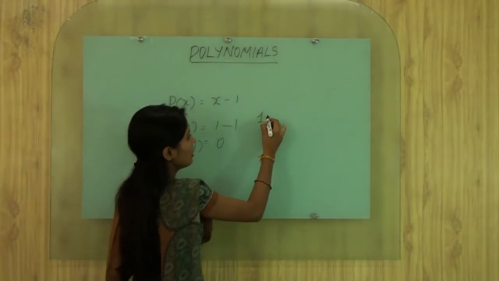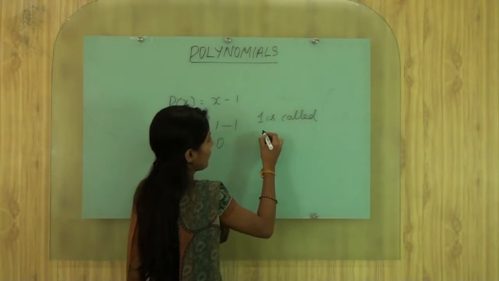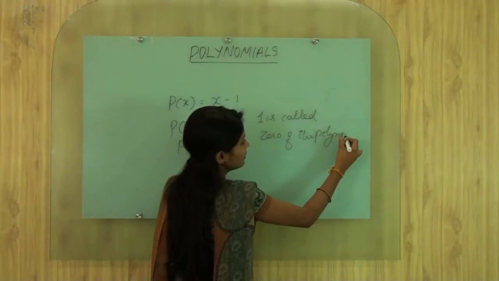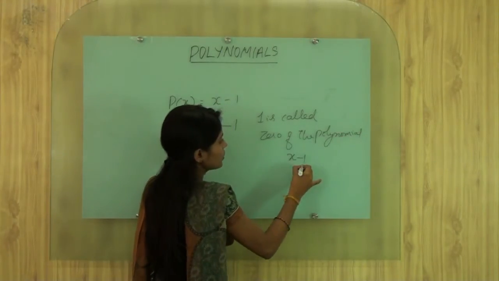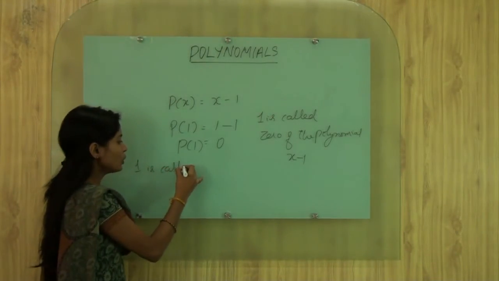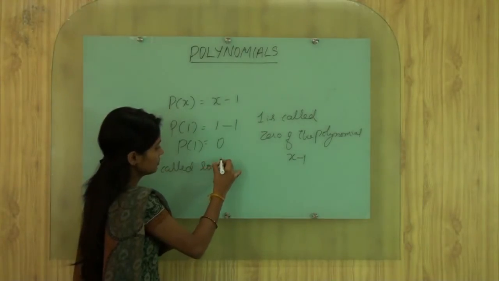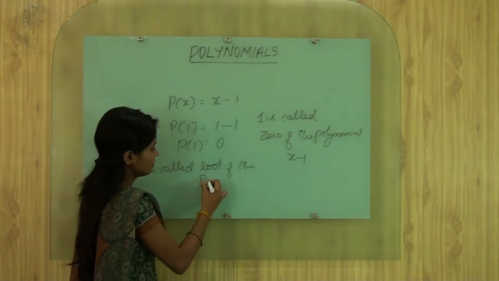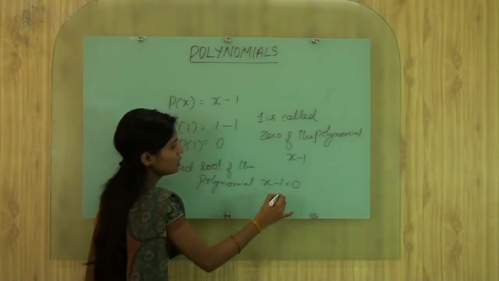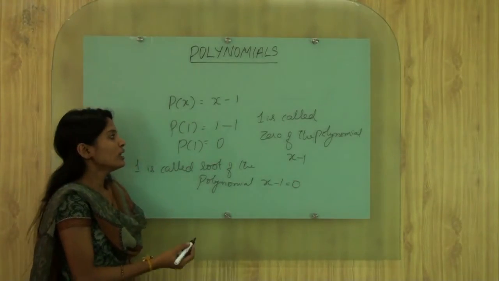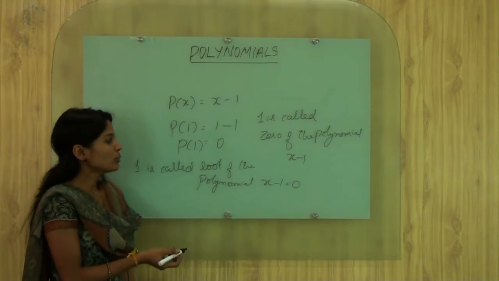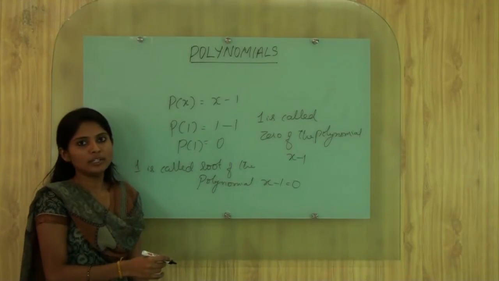Therefore, 1 is called a zero of the polynomial x minus 1, or 1 is also called a root of the polynomial. On substituting a value, if the value of the polynomial becomes 0, the value is called a root of the polynomial or zero of the polynomial.